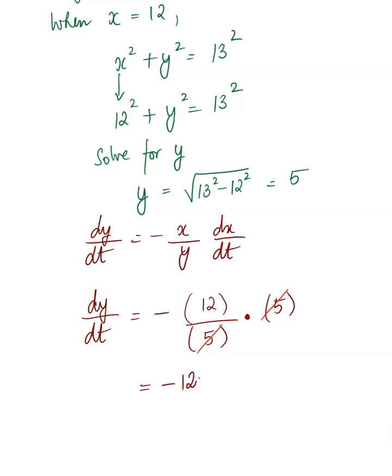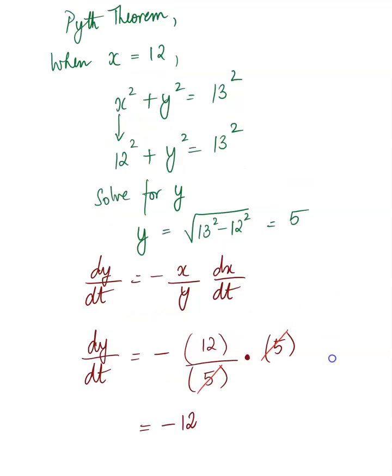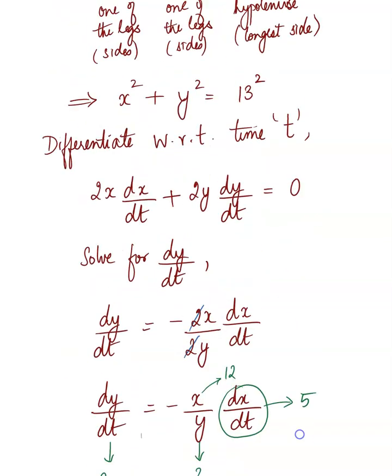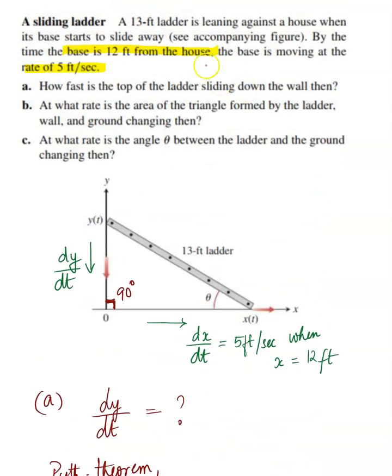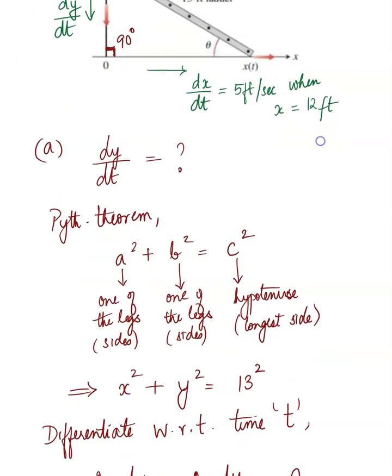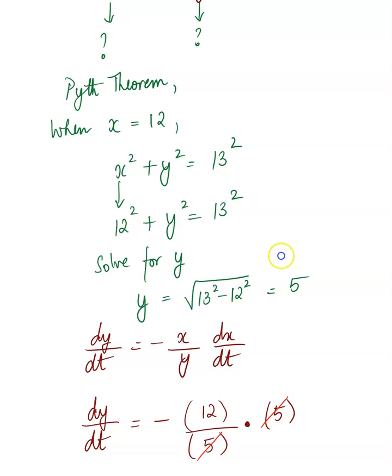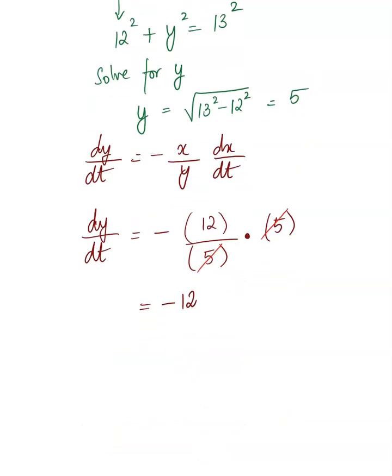Why negative 12? You can look at that and see that the question used the word sliding down. The down direction is indicated by the minus, okay, because it's falling. So the negative slope tells us it is falling. Okay.